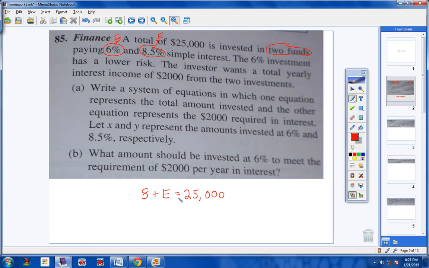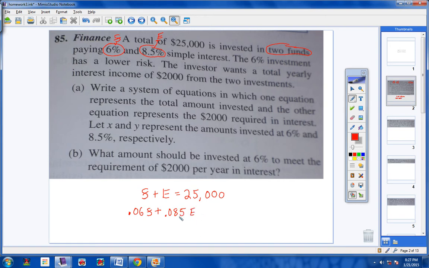Now, my next equation will be this. My S fund gets multiplied by 6%. Now, when I take my S fund and I multiply it by 6%, that gives me the interest I made. Plus, the E fund gets multiplied by 8.5%, so 0.085 times E. Okay?